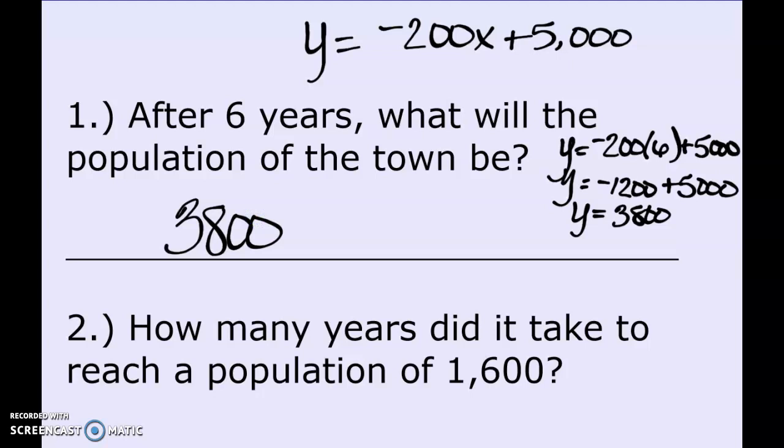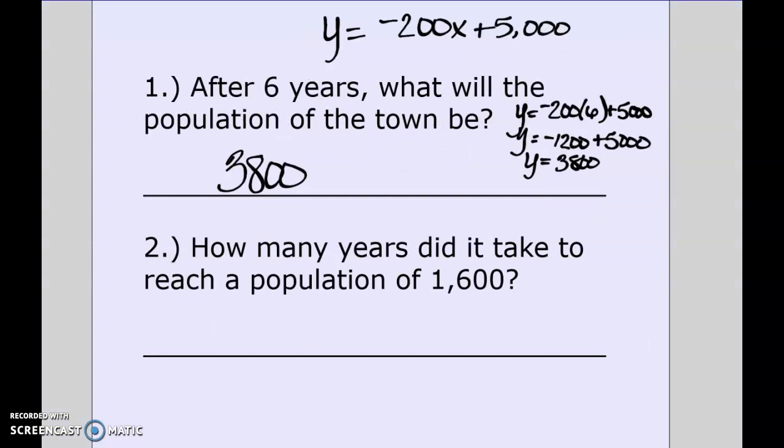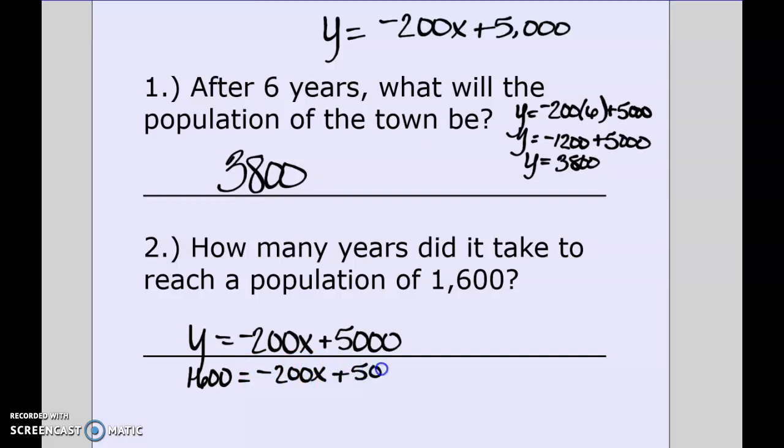Then next, it says how many years did it take to reach a population of 1,600? So you have your equation, y equals negative 200x plus 5,000. Then you substitute 1,600 in for your y value because we are looking for the number of years. And I'm going to solve for x. So first I'm going to subtract my constant, which is 5,000.